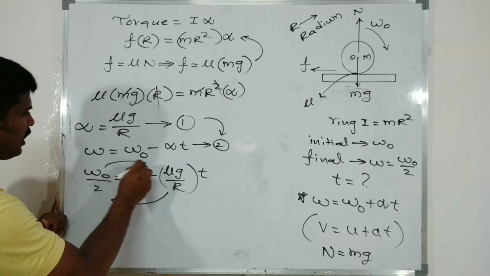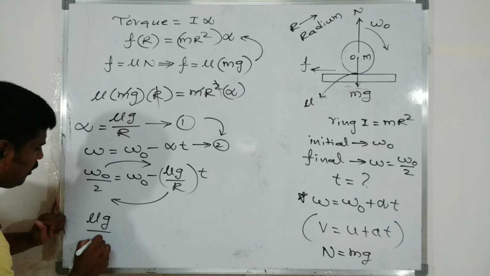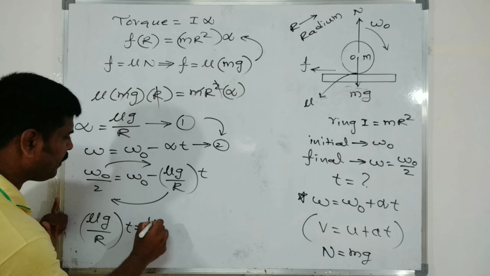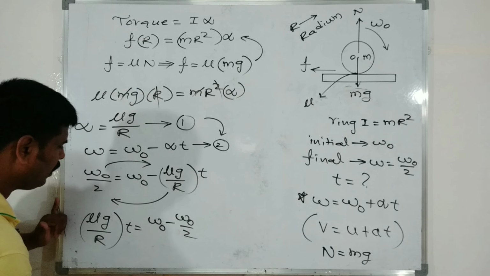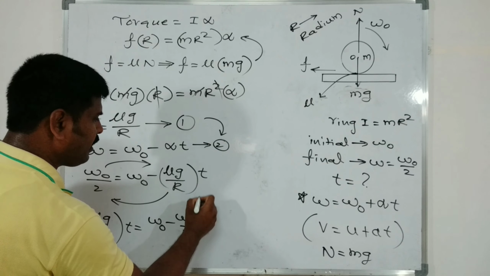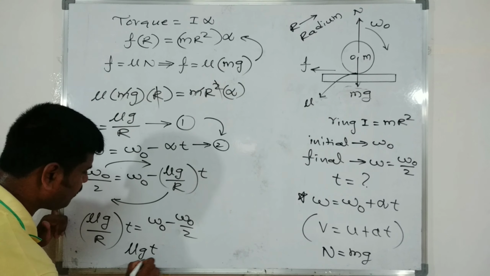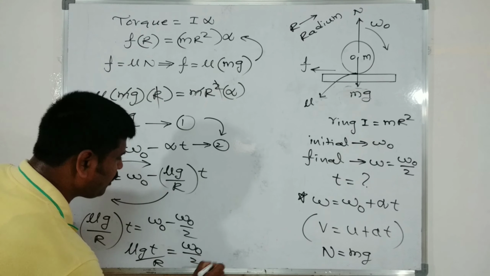Moving the t term, mu g t divided by r is equal to omega naught minus omega naught divided by 2, which is omega naught divided by 2.